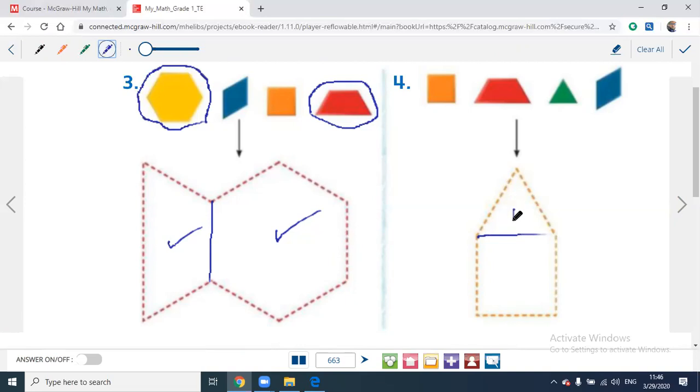This is number 1, and this is number 2. Number 1 is a triangle, and number 2 is a square. So I need one square and one triangle to form this shape. It's called a composite shape.